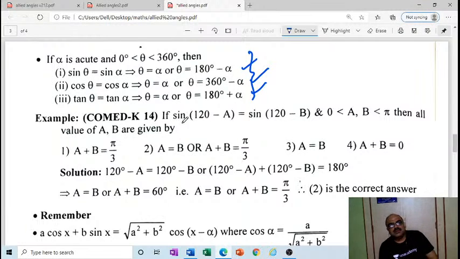Now, sine of 120 minus A equals sine of 120 minus B. And A is going to be greater than 0, B is less than 180.